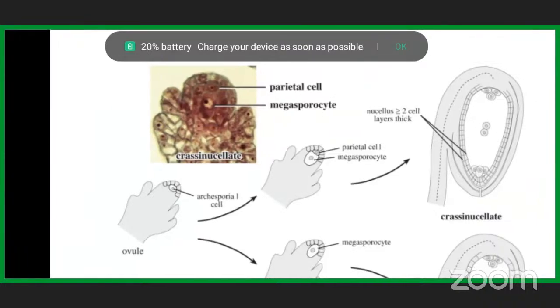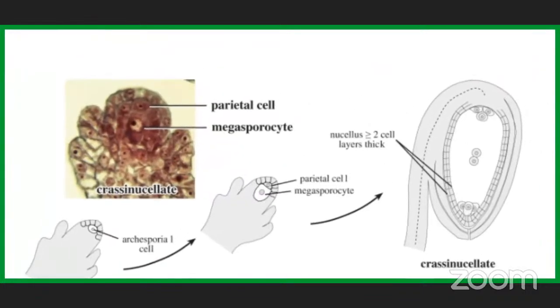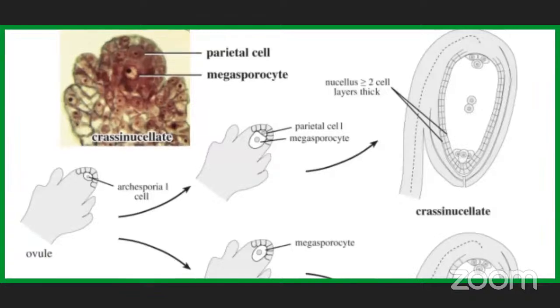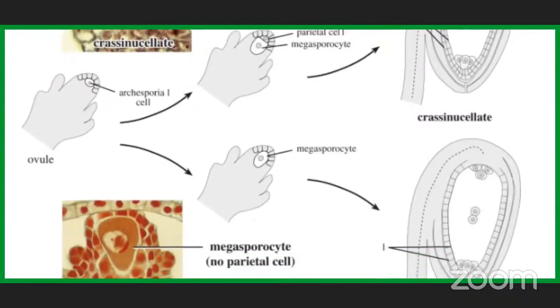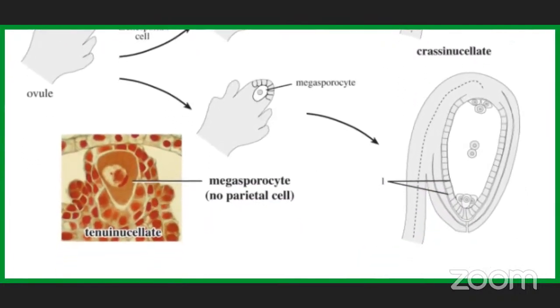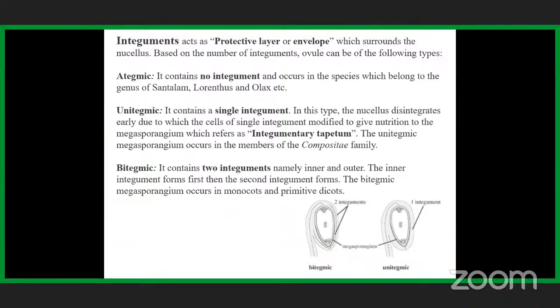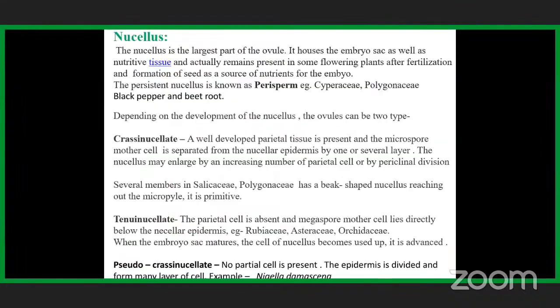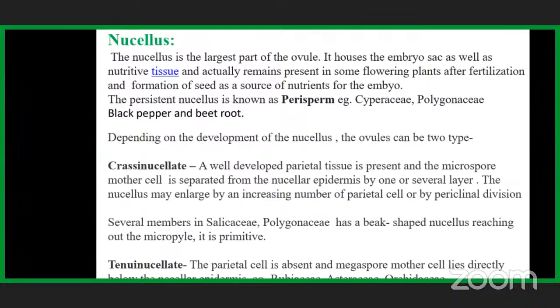The parietal cells which are dividing will become the nucellus cells, which cover the megasporophyte, the nutritious layer which supplies the nutrition to the embryo sac. This diploid nucleus we call the nucellus.